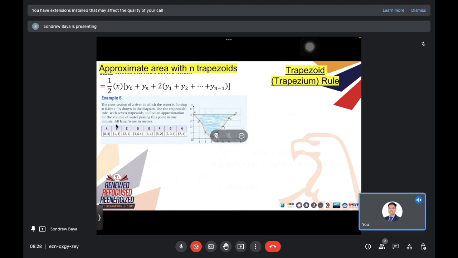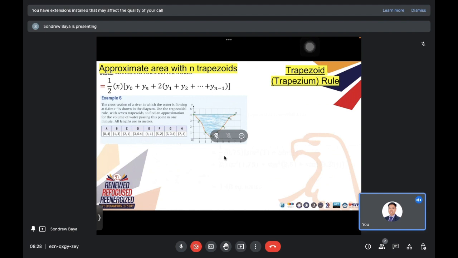And then you are also given that if this is being plotted, we can represent it with this table of values. Again, try to analyze first before you look into my video. Okay, so again, we are already given that we are to use 7 trapezoids.